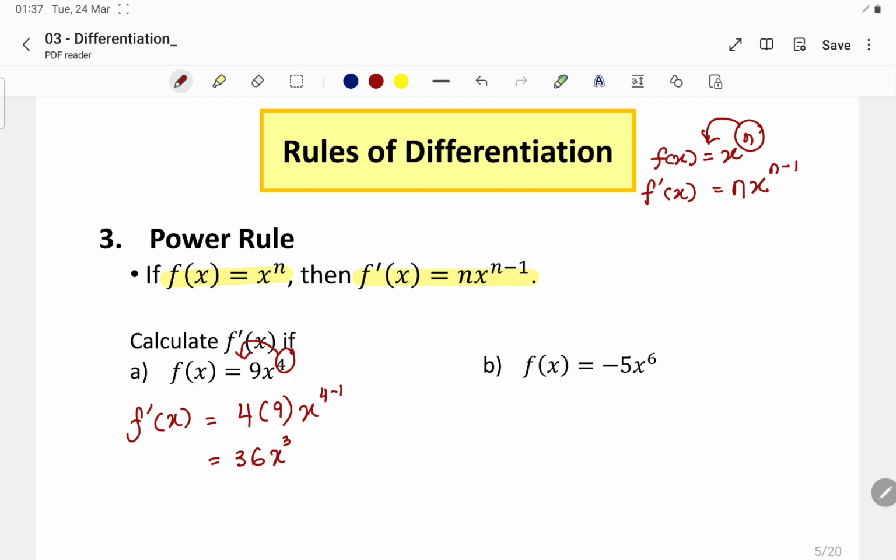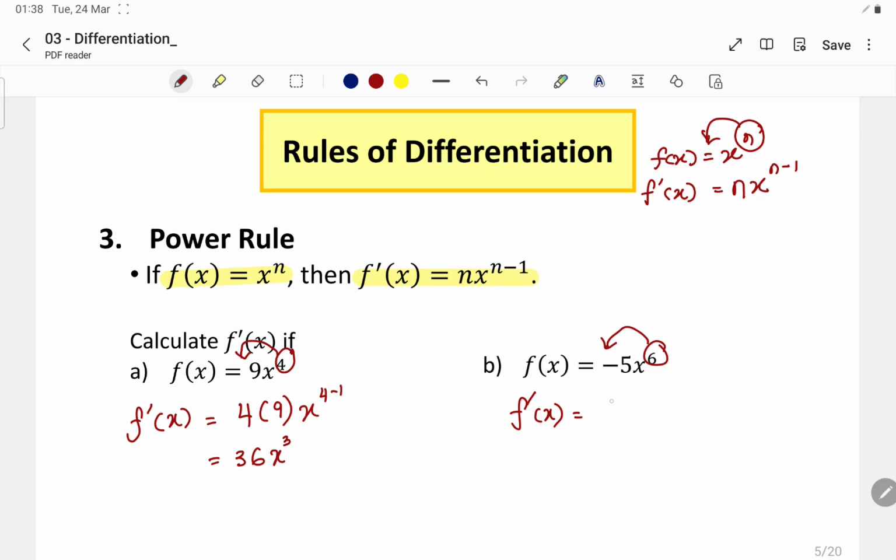Okay, to help you understand more, we go through a second example where f(x) is equal to negative 5x to the power of 6. Even though in front we have a negative, it is still the same. You put f prime x first, then you see 6 here, right?